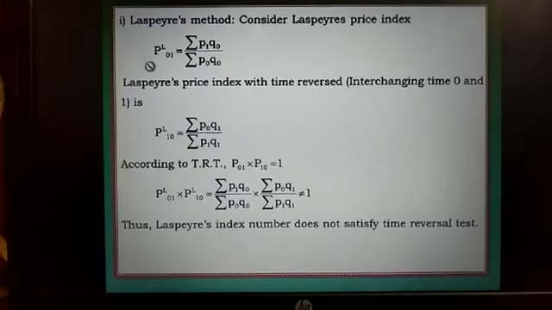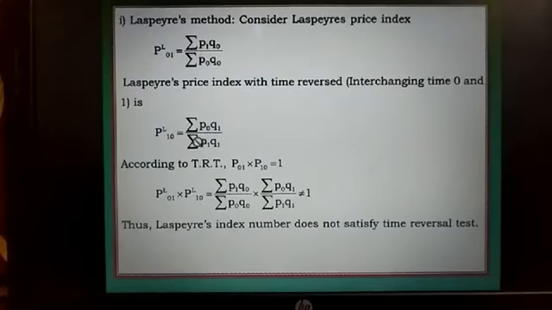So in this formula which we have written, if time is reversed, what will it become? P as it is, Laspeyres' it is. Here one thing you have to observe, 0, 1 is present, and it has to become 1, 0 when reversed.